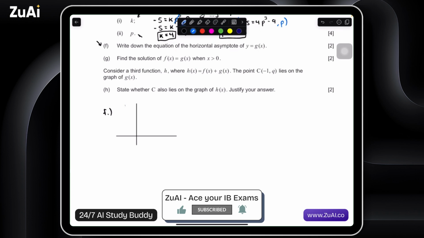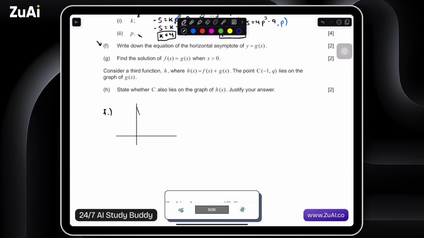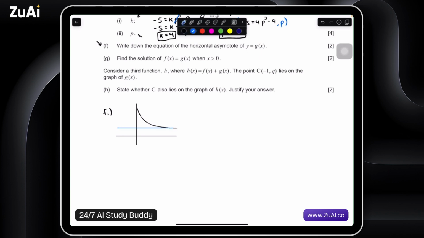A typical example is a cooling cup of tea, where we have some exponential function, and eventually the teacup is going to approach, but never really reach, a certain temperature, in this case like room temperature, for example. Another example would be if someone is jumping out of an airplane, parachuting.